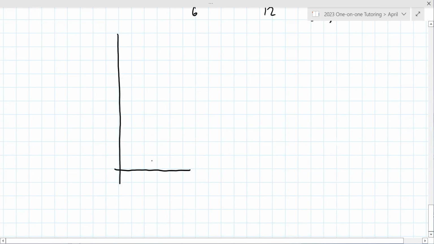Right. So let's say you do it really small here. You go 6 and 4, 12 and 8. This would be 18. Do you agree? Yeah. Okay, 18 and 12.